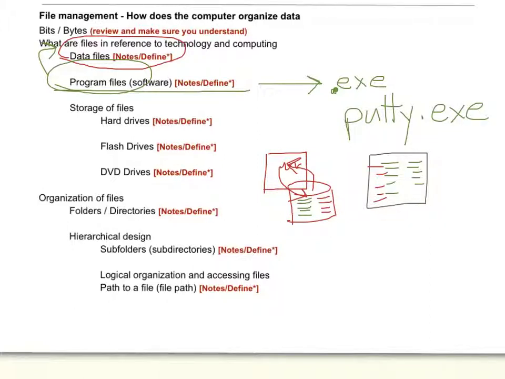Data files, a lot of times they'll have an extension such as DOC or DOCX as an example, and those are both word processing files. Those are files that you have to use a piece of software like the Microsoft Office package to work with those documents.